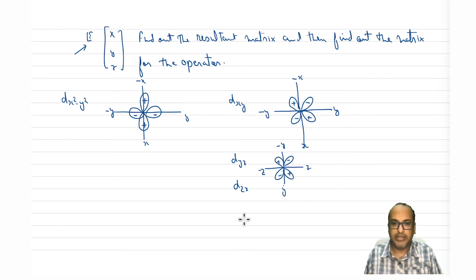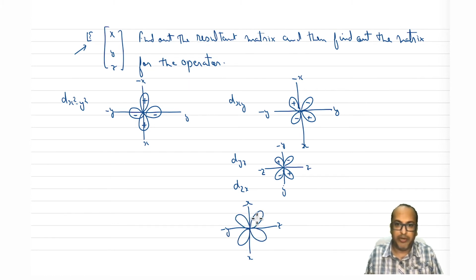And now for dzx, xz will be like this, x, z, minus x, minus z, with positive and negative lobes alternating, right? Okay, so this is easy.